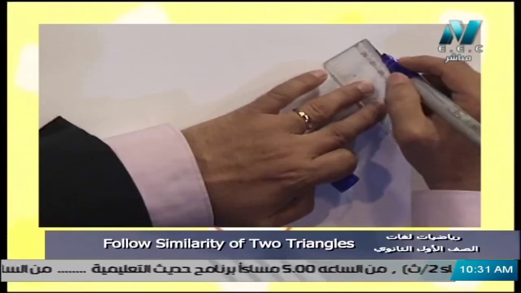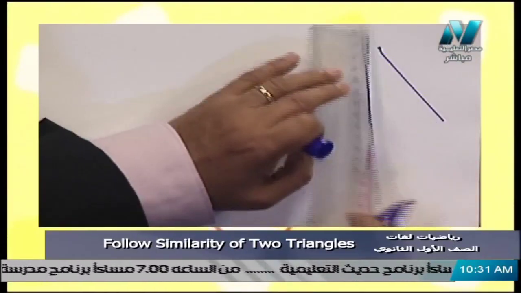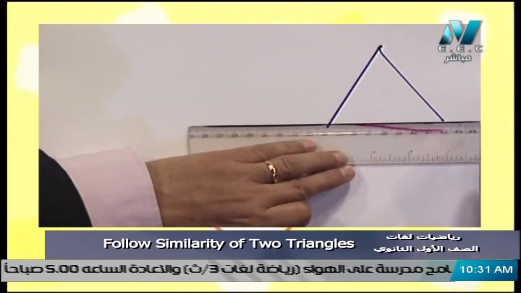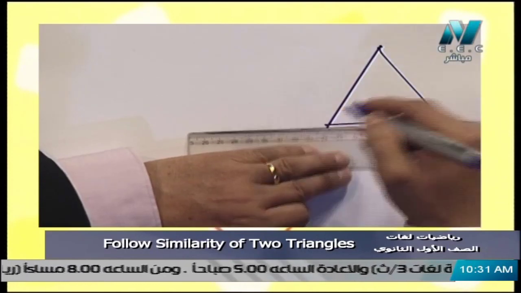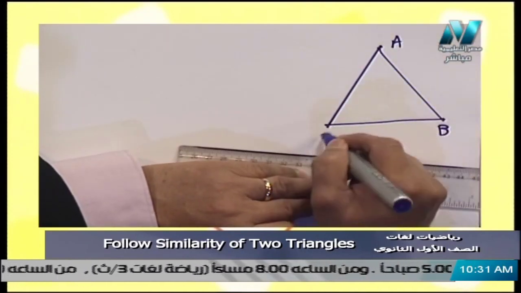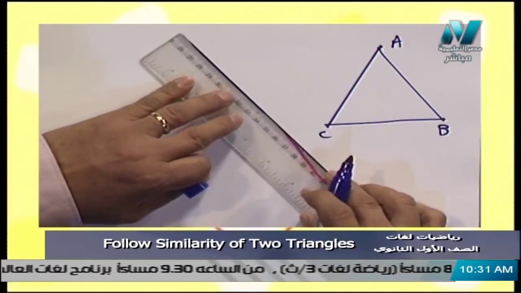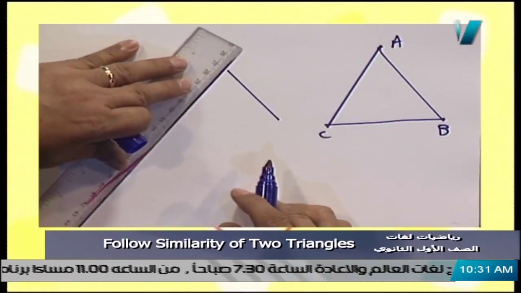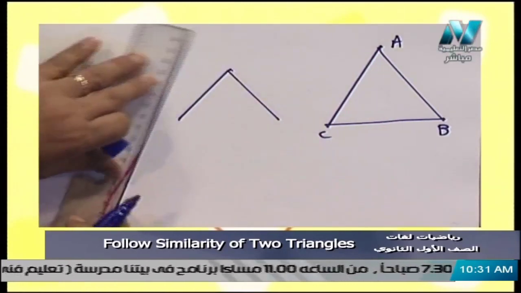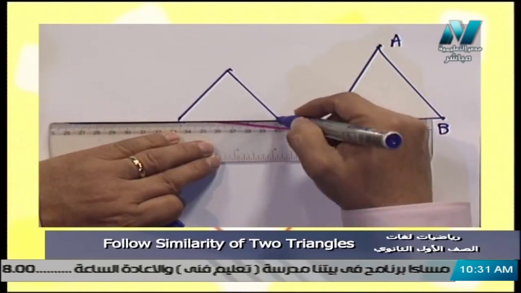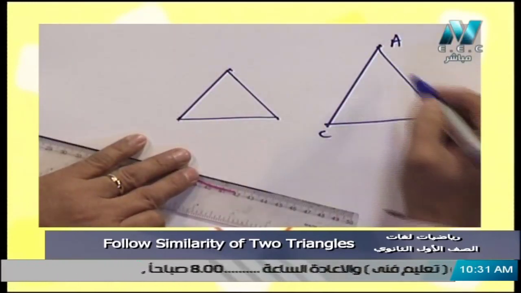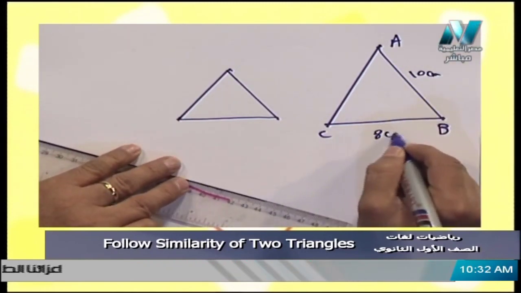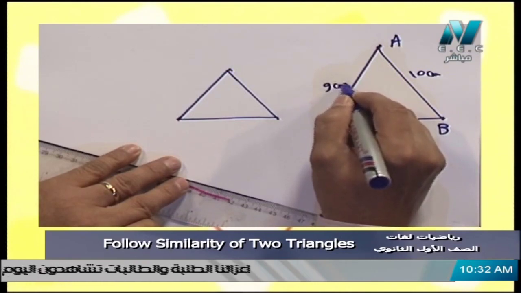If we have a triangle like that, ABC triangle, and this small one, say AB here is 10 centimeters, BC is 8 centimeters, and AC is 9 centimeters.